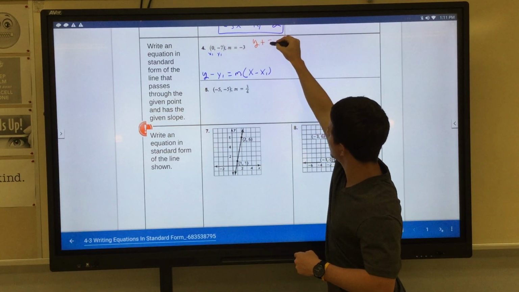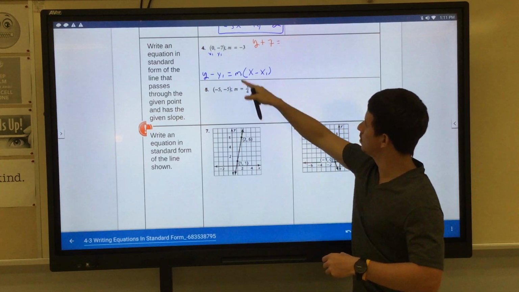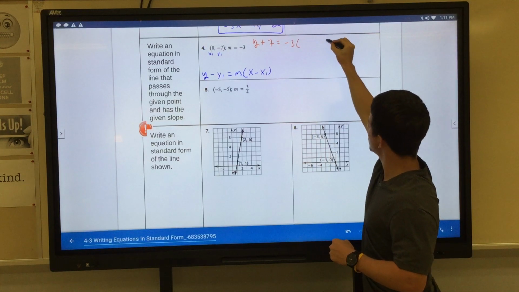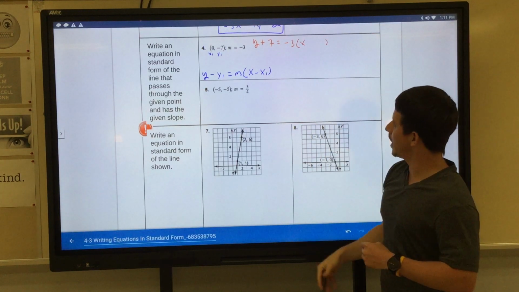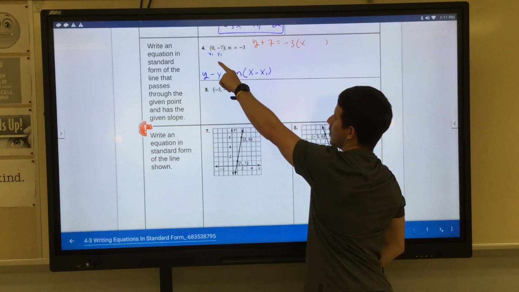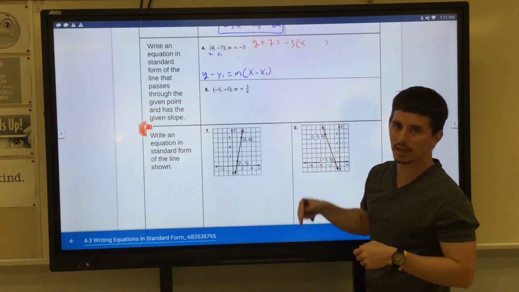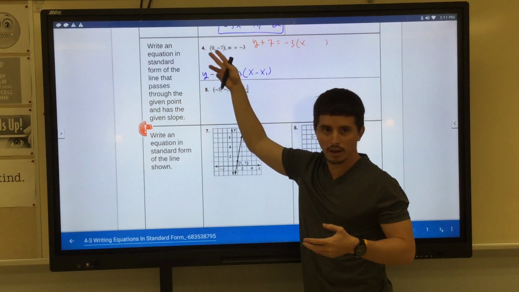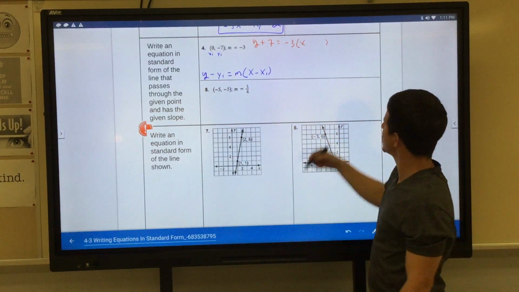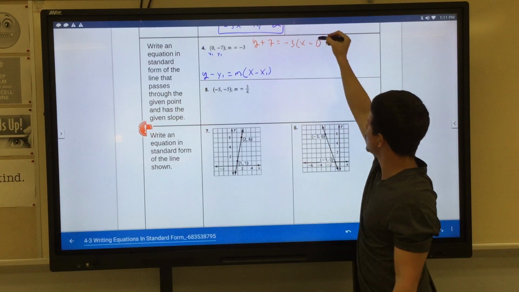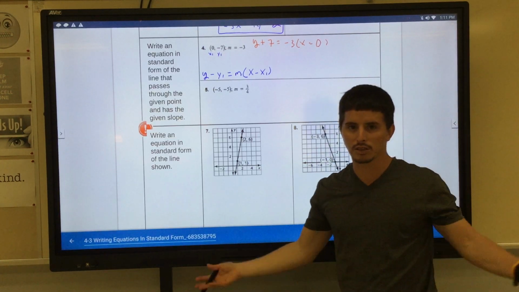So it'll be y plus 7 is equal to my slope, -3, open parentheses, x. Now, over here, my x is a 0. Over here, I have a minus x. So what's the opposite of a 0? Well, it's still the same. We can just do -0 or +0.